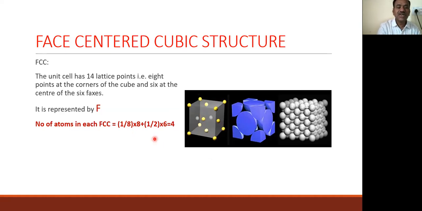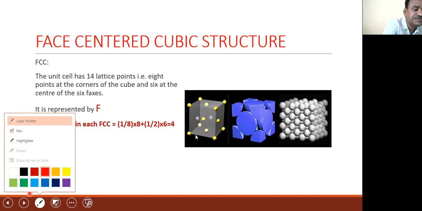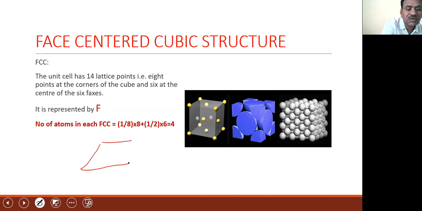First the corners: 1 by 8 into 8, plus 1 by 2 into 6. Why 6 here? Totally 6 faces, but each face is shared by 2 cells. For example, this is one face, and another cell I'm writing here.